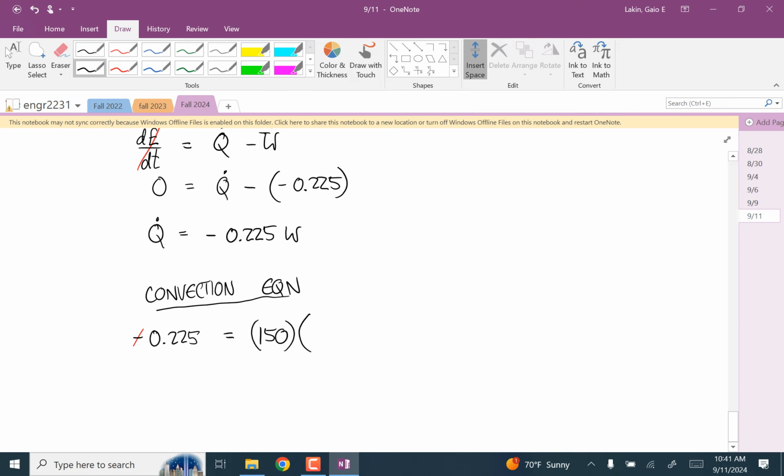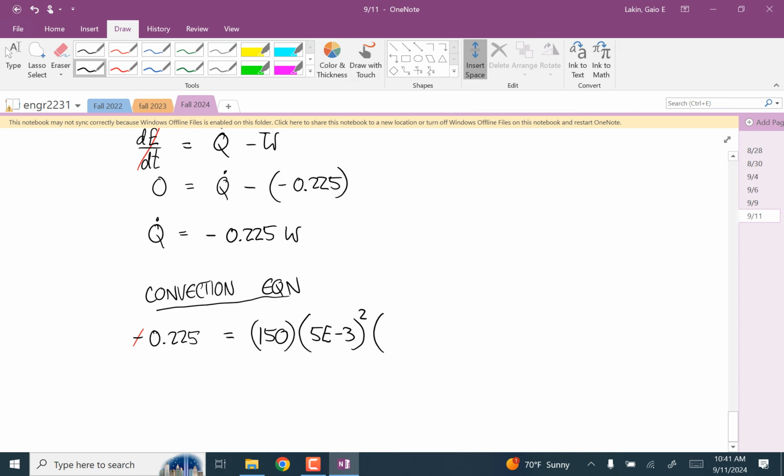So that is 5 times 10 to the minus third squared. And then times the difference in temperatures. So since we're just looking for the positive value here, we can put the higher temperature minus the lower temperature.